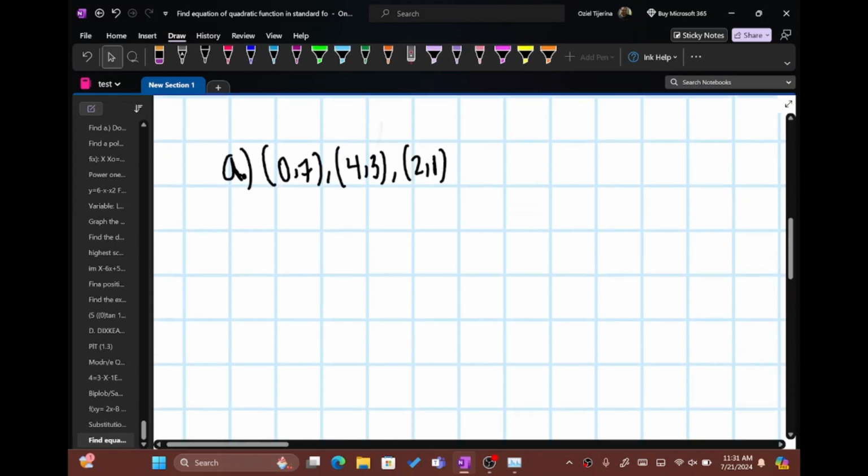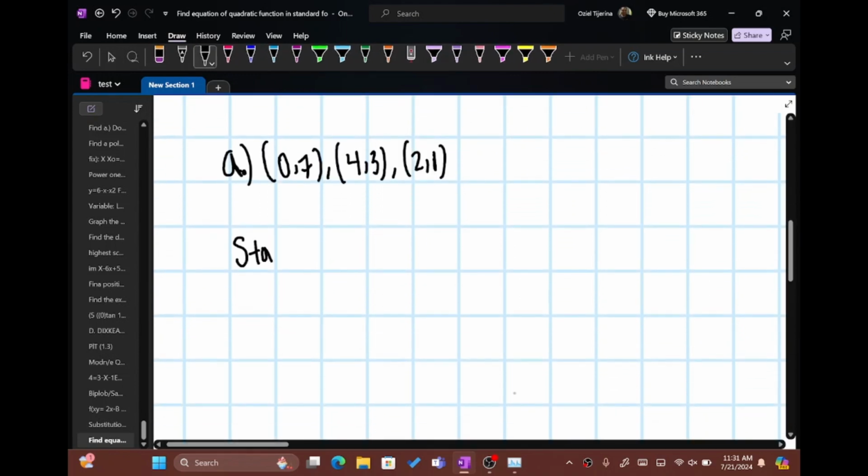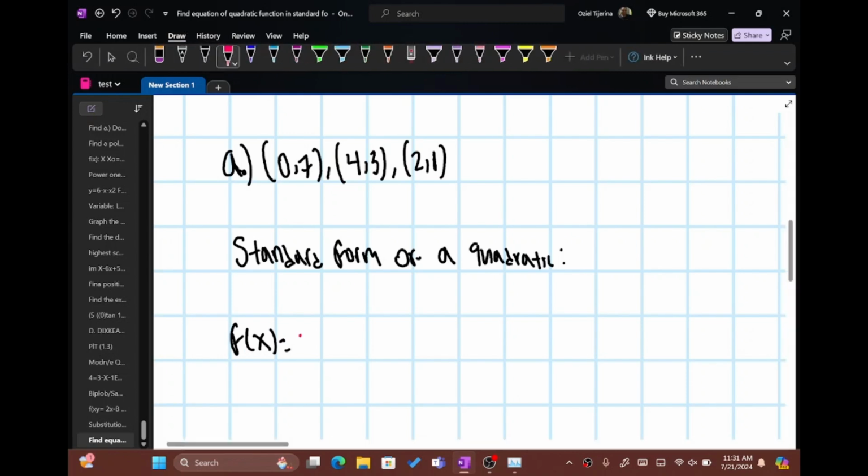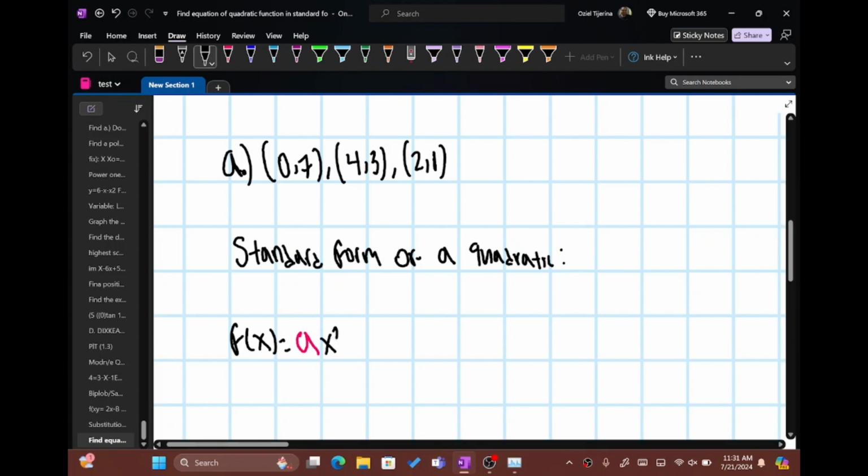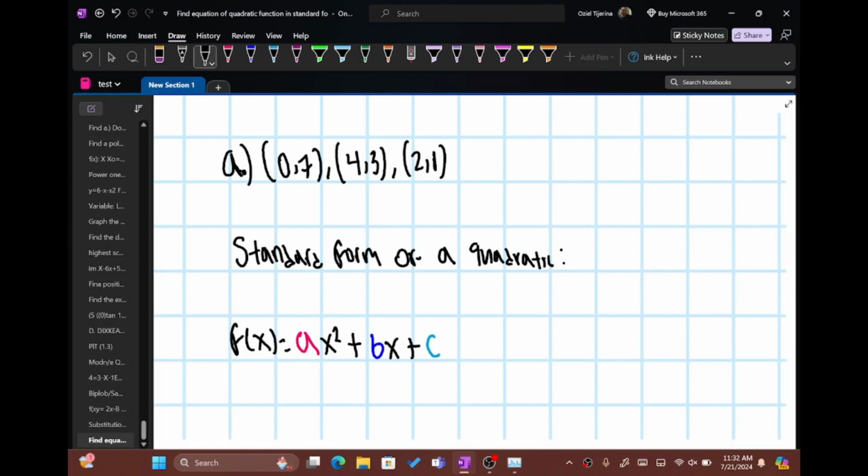Here we know that the standard form of a quadratic is f(x) = ax² + bx + c, and we want to solve for a, b, and c using this information.